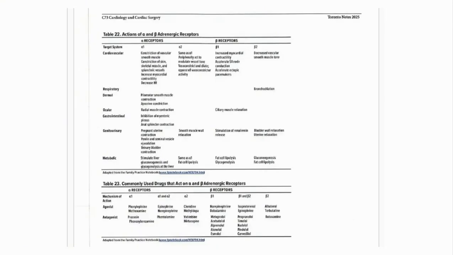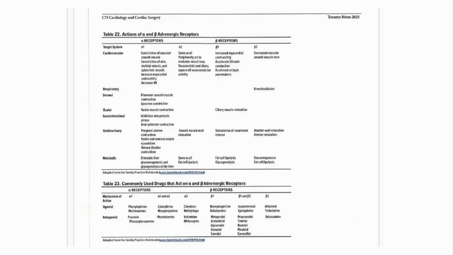The result is increased systemic vascular resistance and increased blood pressure. Alpha 1 stimulation can also increase myocardial contractility indirectly and may produce a reflex decrease in heart rate because of the rise in blood pressure.